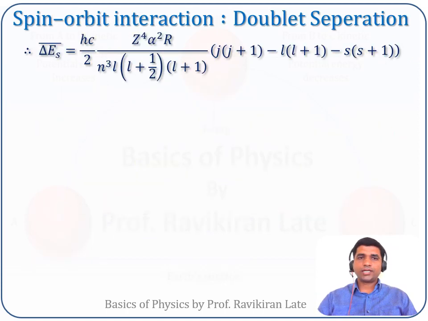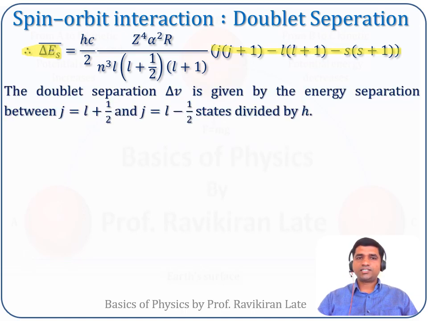Here we will calculate the doublet separation between the two adjacent levels for a hydrogen atom arising due to the spin orbit interaction. For this purpose, we'll be considering this spin orbit interaction energy expression, which is nothing but delta E S, which will be hc by 2 into this term. Okay.